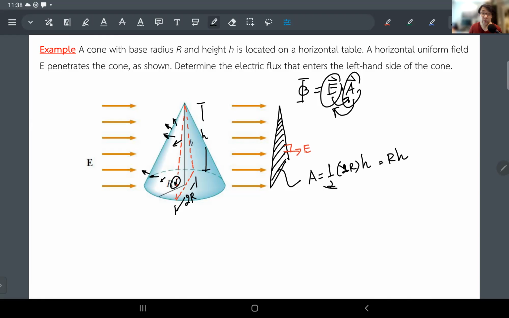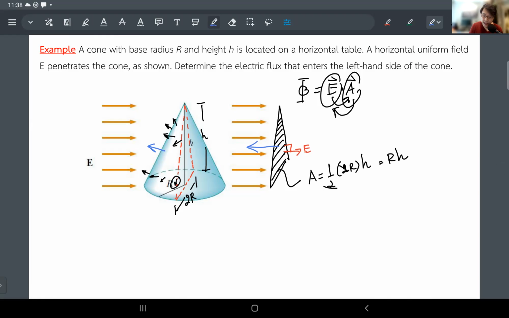Now the only thing left is thinking about the direction. They only want the left side of this one. That means you are talking about the side that still points against the field. It still points backward. So you only want the component of this black shadow that still points to your left. Overall, you only care about the one that is anti-parallel to the E, so the angle is still 180 degrees.